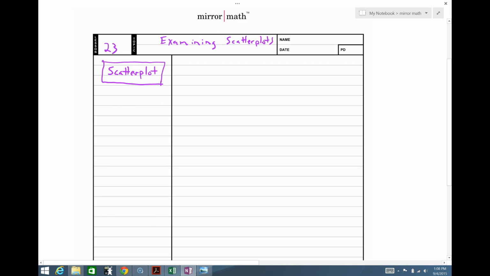A scatterplot is a graph of bivariate data. And what I mean by bivariate is two variable. It's XY data. We're going to be plotting points when we look at bivariate data.